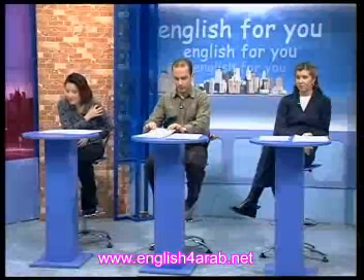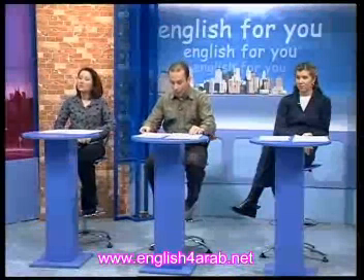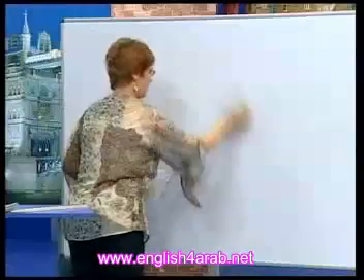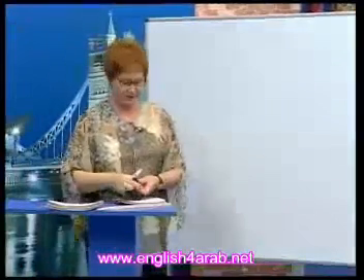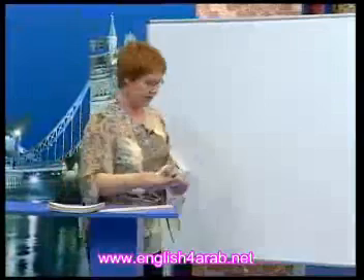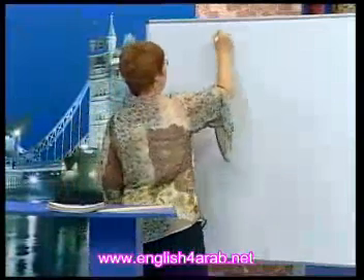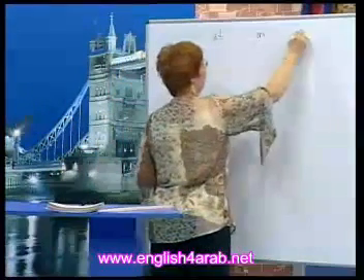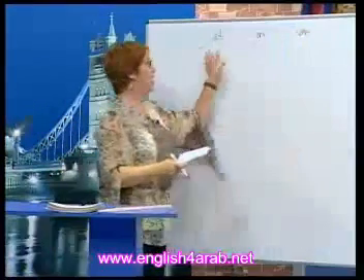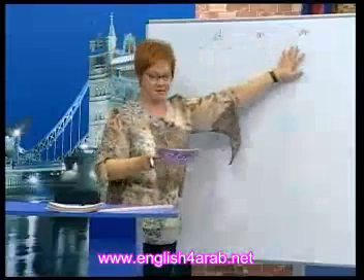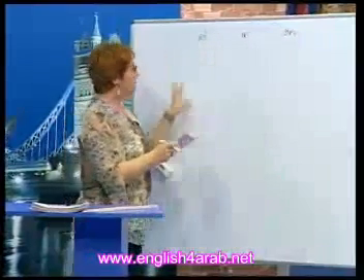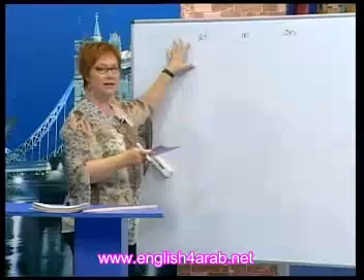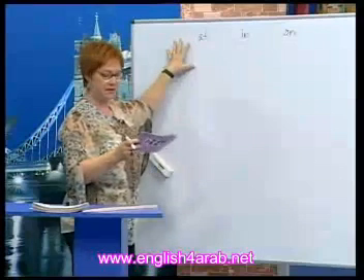Okay, now, let's make some room here, and we're going to talk about prepositions. Again, prepositions in English are very small, but very important. And so we're going to practice a little bit more. Now, again, we're going to talk about at, in, and on. Remember that we use these prepositions to talk about places, where things are.